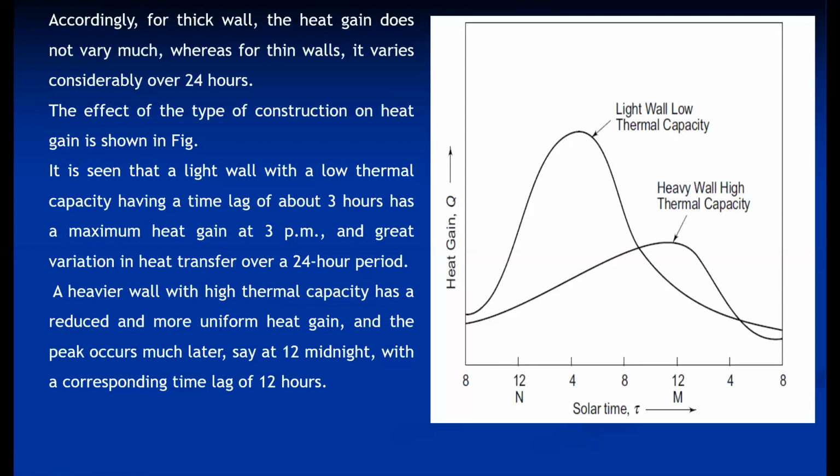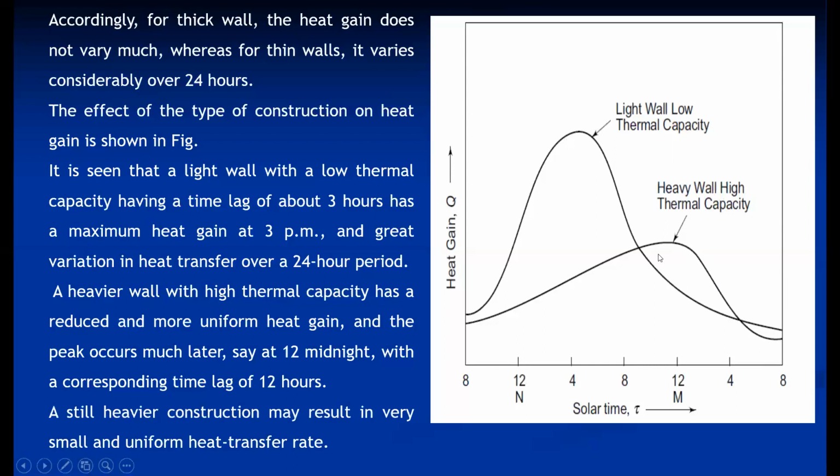So in this case we can consider the lag of 12 hours. A still heavier construction may result in very small and uniform heat transfer rate. So further we can reduce this heat transfer rate by having a still heavier structure.